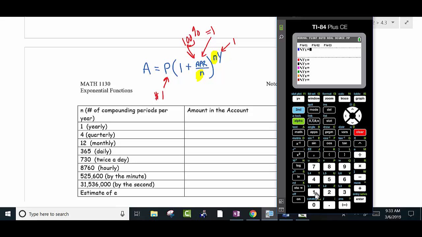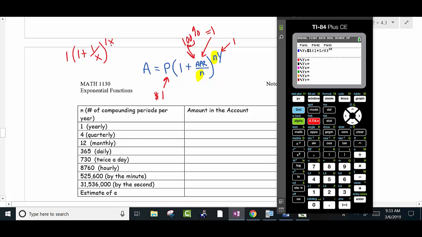Put in 1 times parenthesis 1 plus 1 over x, because that N is a variable, just use an x, and then raise that to the 1x. You can leave a couple of those 1s off, but that's what you're really doing: setting it up so that you have 1 times (1 plus 1 over x) to the 1x.